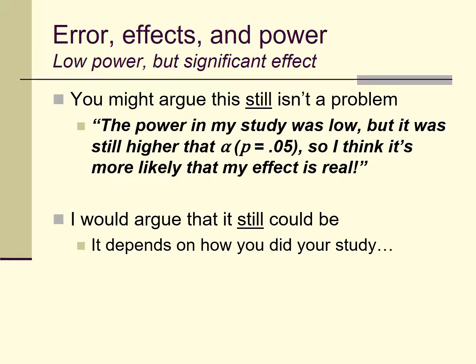But what's maybe even a bigger problem is it kind of depends on how you got to that test statistic that has a p-value lower than p equals 0.05, how you got to that sufficiently large test statistic with a sufficiently low probability that you rejected the null hypothesis.